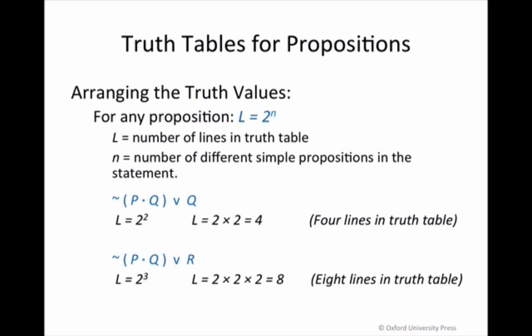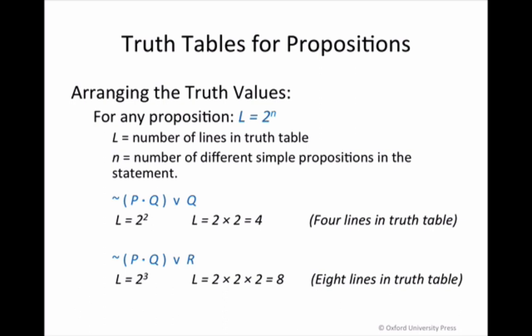On the other hand, the sentence below that, which involves three simple sentences, will have more rows of the truth table. So what you understand, I hope, is this: the number of rows that you have depends on the number of simple sentences in any proposition. Another way to put it is this: the number of lines in a truth table is going to be dependent on the number of simple propositions in the statement.